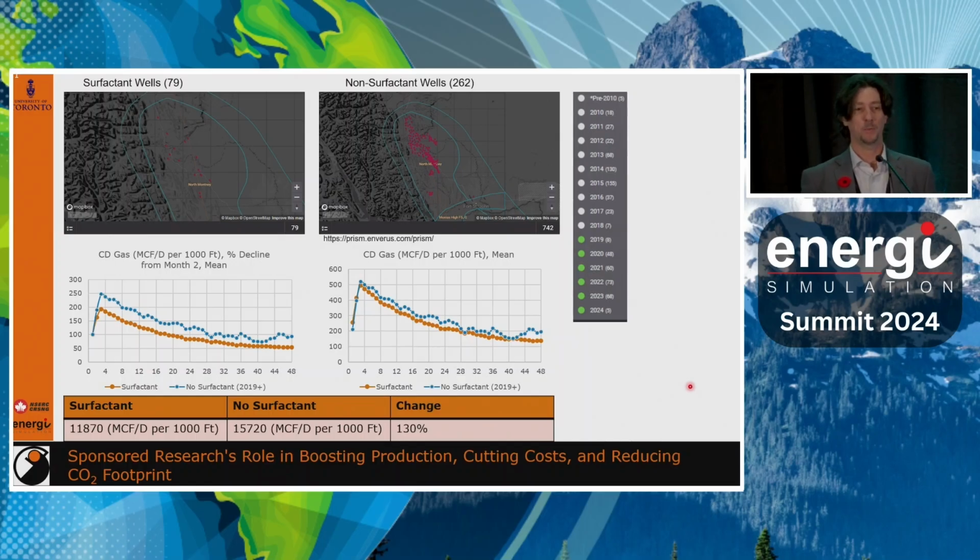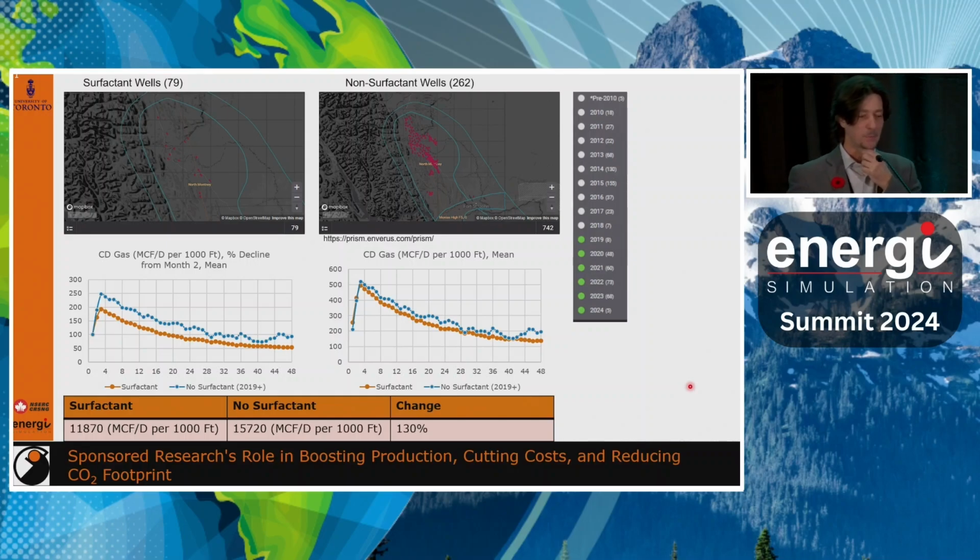So I was happy. But then they were explaining to me, and I'm not really a geochemist, that if you inject surfactant, in very simple words, it creates a sort of small barrier that makes it very difficult for the gas to flow across. So basically, your well will produce a little bit less. I said, okay, that's interesting.